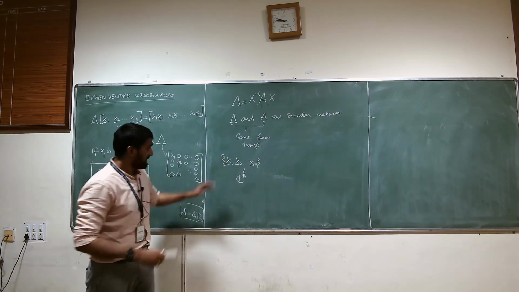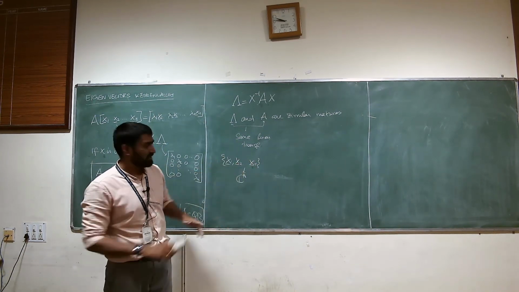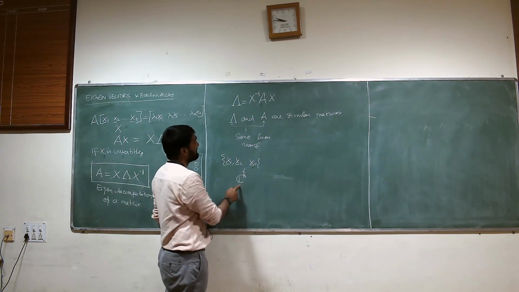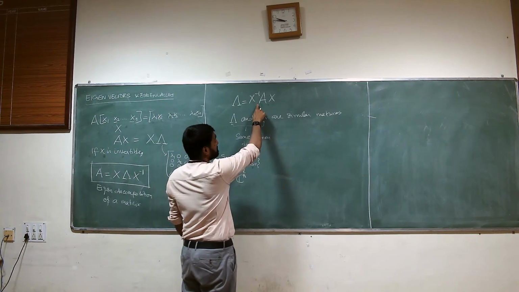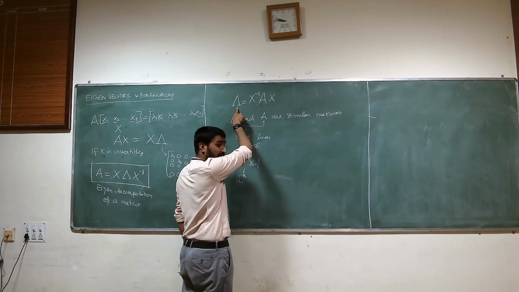If you have a full set of eigenvectors, it means there is an eigenvector basis. If you have a basis like that, then the corresponding representation of this matrix A is simply this diagonal matrix lambda.